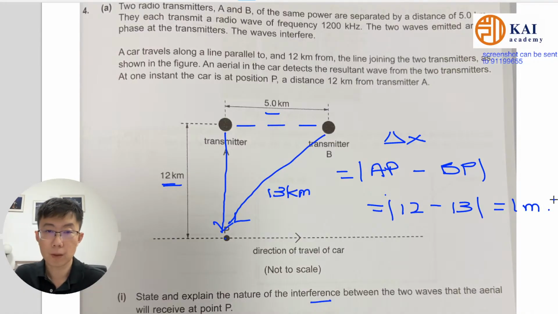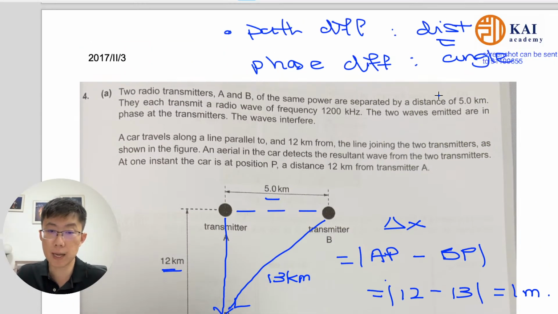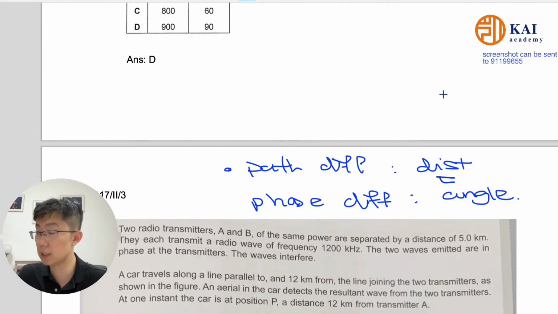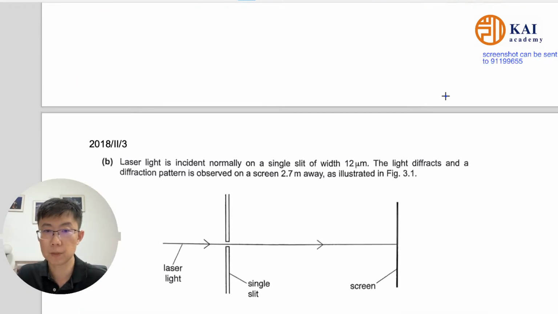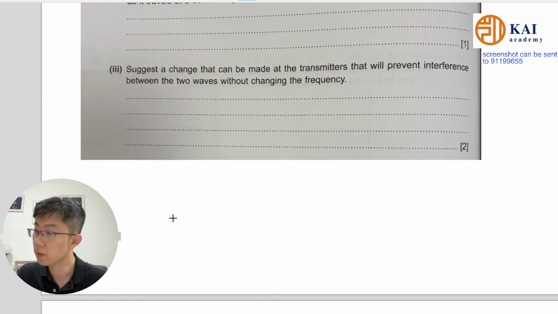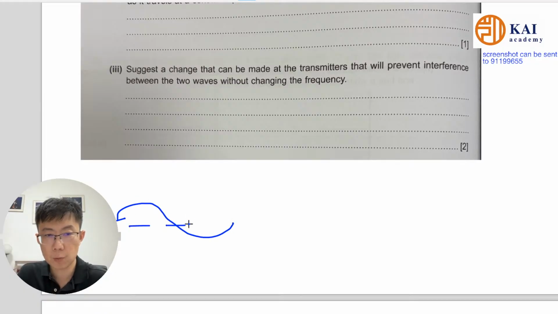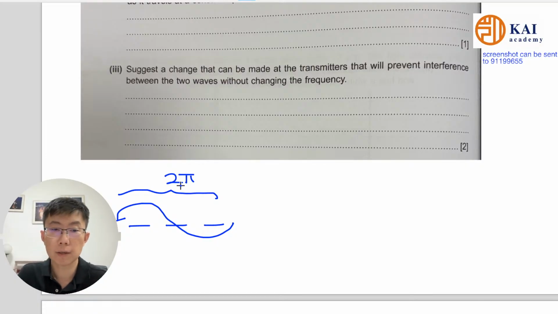Now how do we convert the path difference into phase difference? We need to note the following relationship. Every time you have one wavelength, one wavelength corresponds to a phase of 2 pi. Remember, phase is an angle, so one wavelength corresponds to an angle of 2 pi.